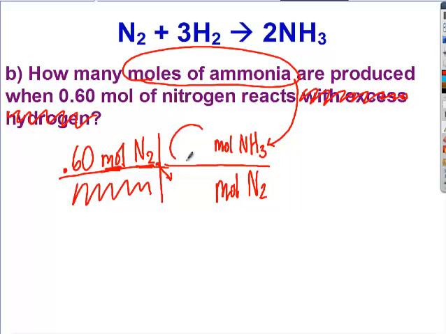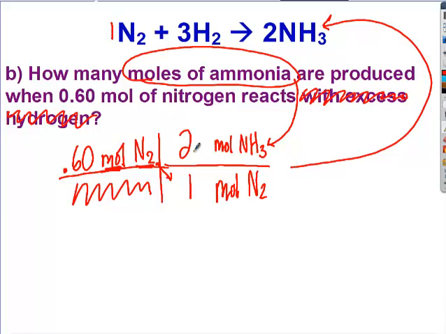Now, where am I going to get these two numbers from, though? Because I need to put numbers there. I'm going to get them from the balanced equation, the equation at the top. What number's in front of nitrogen? 1. Don't forget, there's a 1 right there. What number is in front of NH3? 2. Okay?